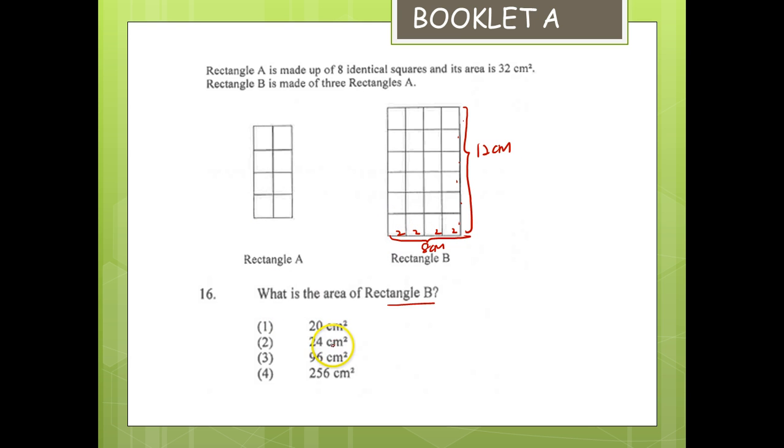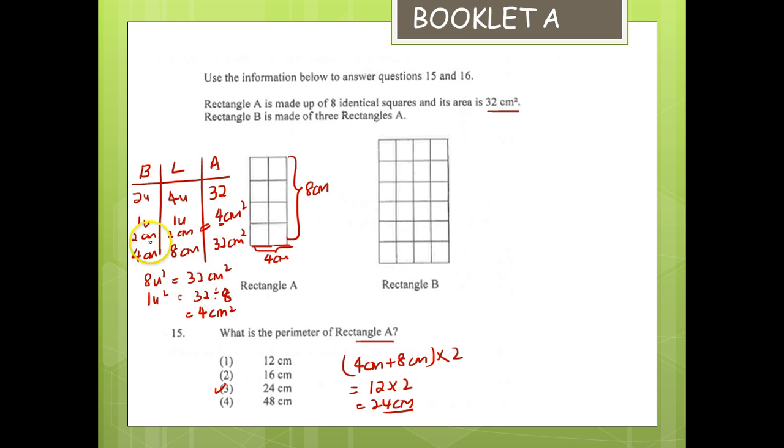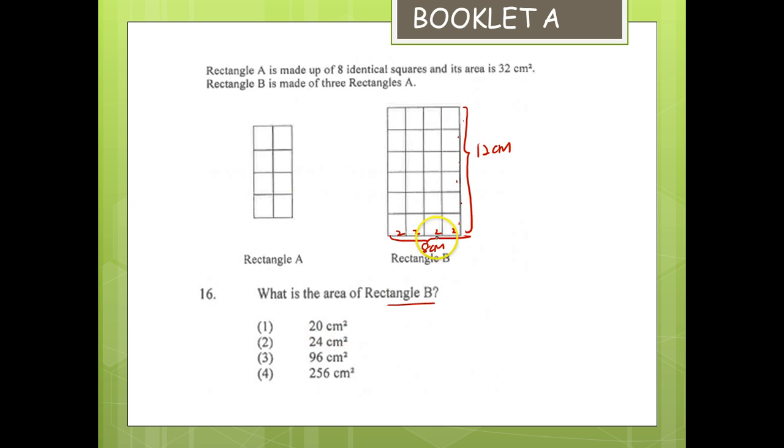Remember, each unit is 2 cm. So this is 2, this is 2. 2 plus 2 is 4. And this is 2, 4, 6, 8. Right? So I know the area of rectangle B is 12 cm times 8 cm. Answer is 96 cm square. Option number 3.